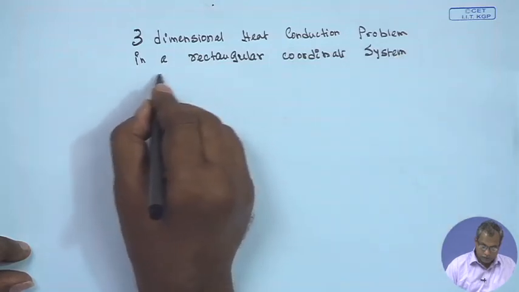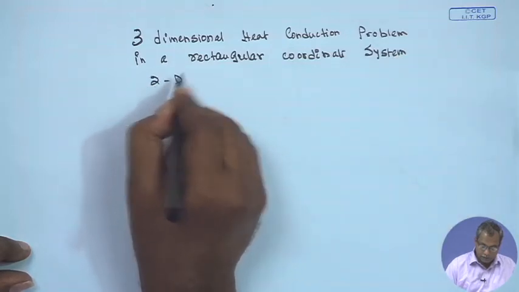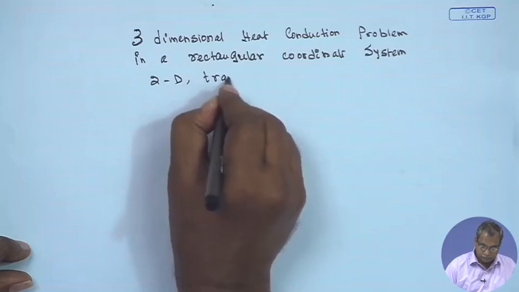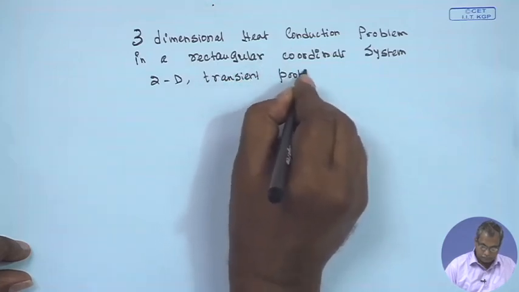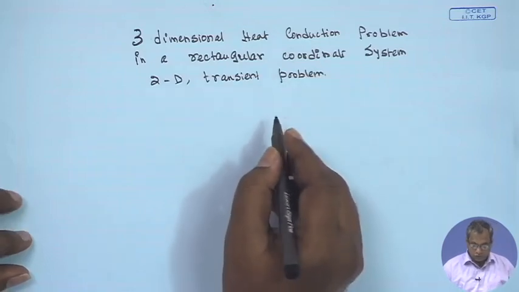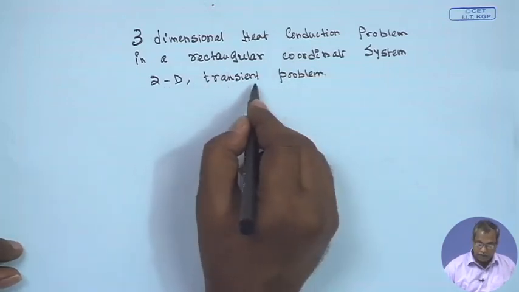It is a 2-dimensional transient problem: 2-dimensional in space, 1-dimension in time.